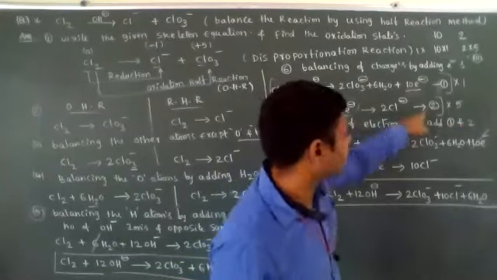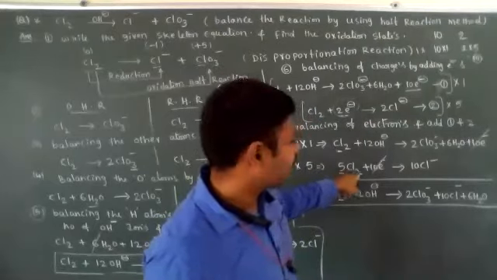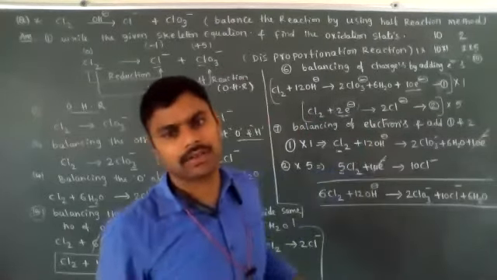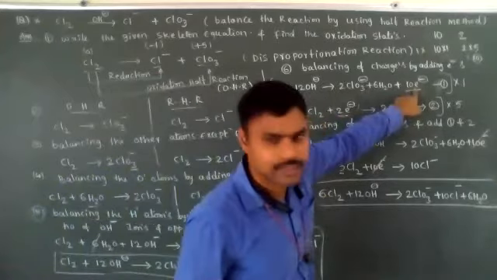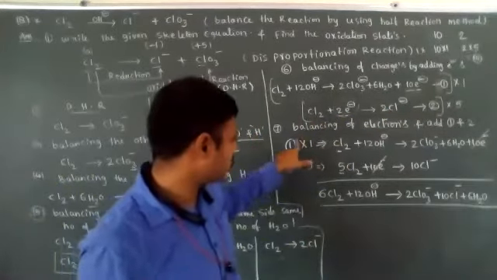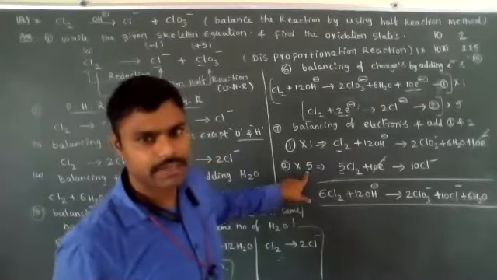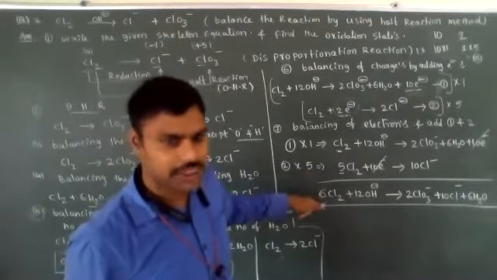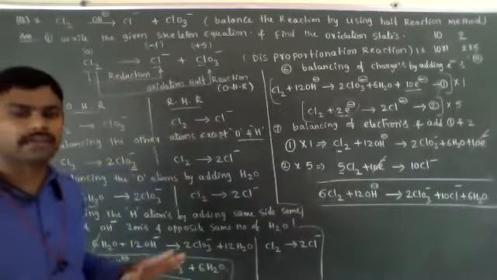Then both sides are multiplied, so automatically the remaining atoms are always balanced only. But the electrons, here 10 came and here also 10 came, then they will be cancelled. This is the final equation by the addition of 1 and 2. The first equation multiplied with 1, the second equation multiplied with 5, on addition we are finally getting the balanced equation in basic medium.